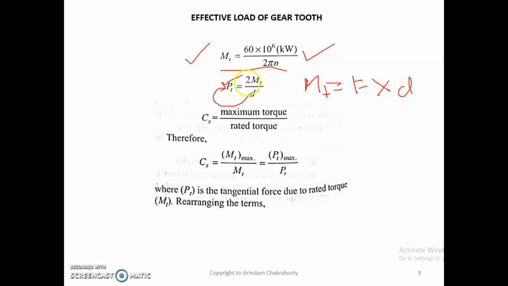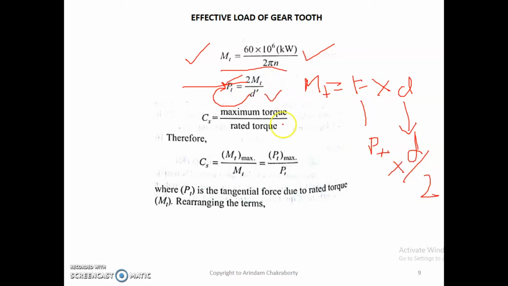So what is happening here? PT is the force and the distance is d by 2. So after rearranging I get this one.